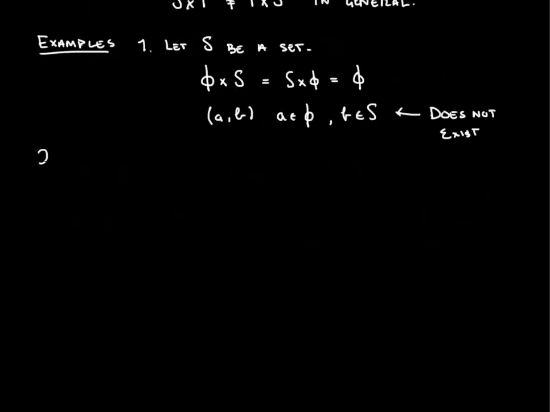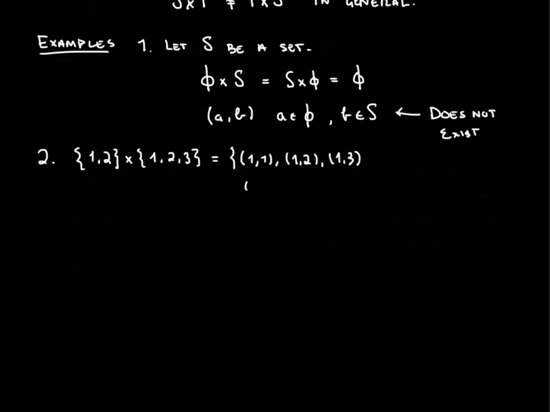Now for our second example, let's talk about the set {1, 2} cross the set {1, 2, 3}. So what are the pairs of this set right here? I should start with (1, 1), so (1, 2), (1, 3).